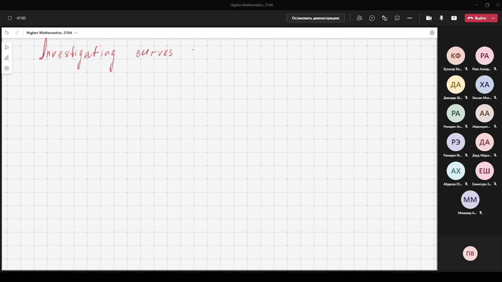Let a curve be given by the parametric equations x equals phi of t and y equals psi of t, formulas 1.